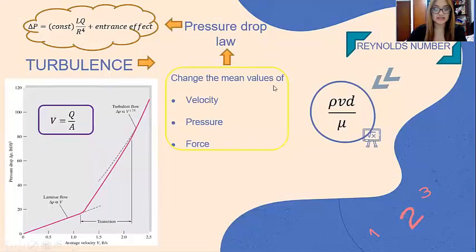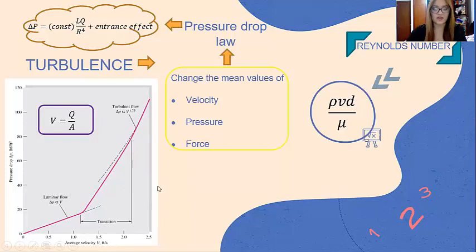Turbulence can change the mean values of velocity, pressure, force, and so on dramatically. Hagen measured water flow in long brass pipes and deduced a pressure drop law. This is the formula.